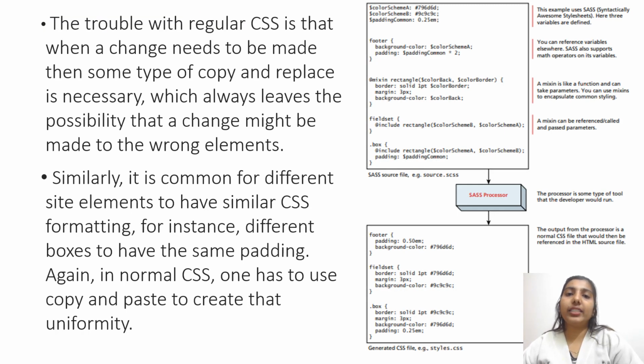The trouble with regular CSS is that when a change needs to be made, some type of copy and replace is necessary, which always leaves the possibility that a change might be made to the wrong elements. Similarly, it is common for different site elements to have similar CSS formatting. For instance, different boxes may have the same padding. Again, in normal CSS, one has to use copy and paste to create that uniformity.